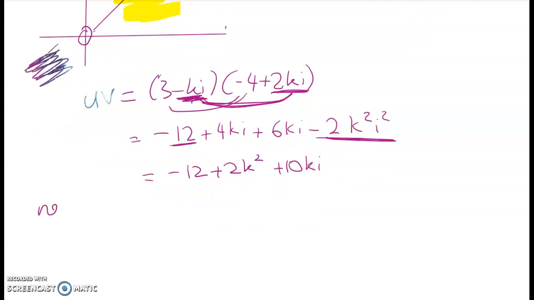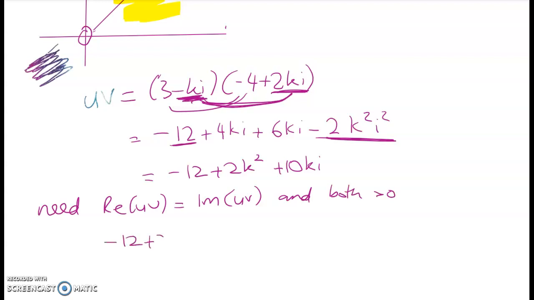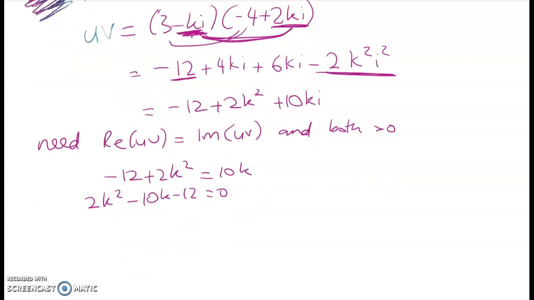Right, so we need the real part of uv to equal the imaginary part of uv, and both of these greater than 0. Negative 12 plus 2k squared has to equal 10k. 2k squared minus 10k minus 12 equals 0.